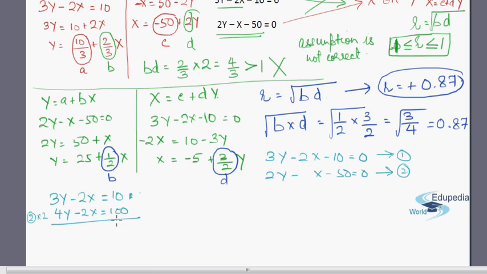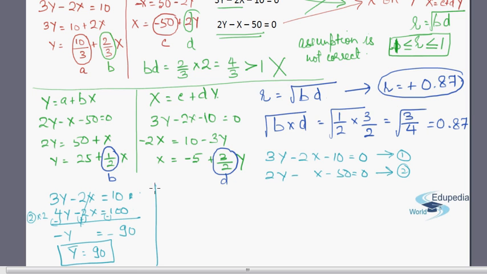Okay, and when you solve this, we will have minus y equals minus 90, or y equals 90. So the average value of y is 90.